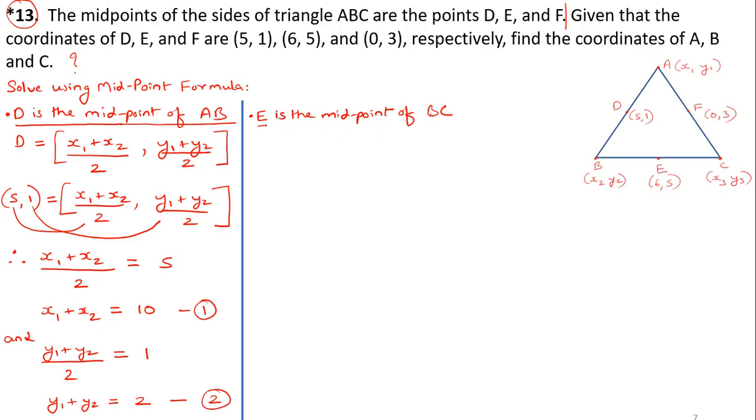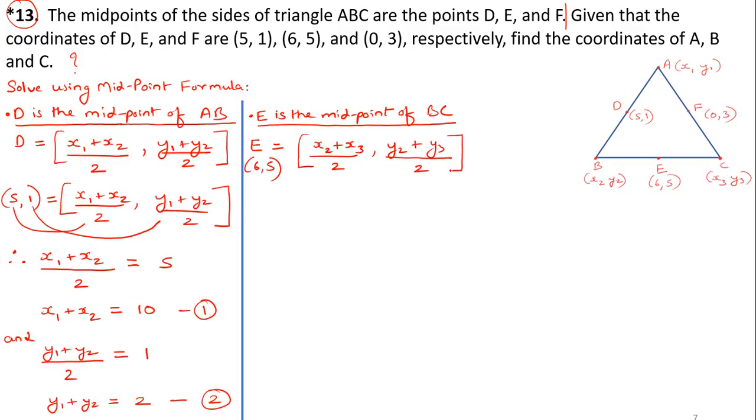E is 6 comma 5. So 6 comma 5 is equal to x2 plus x3 upon 2 and y2 plus y3 upon 2.